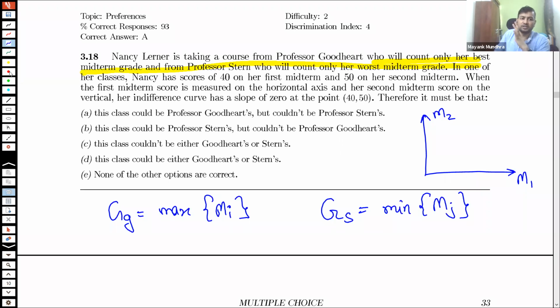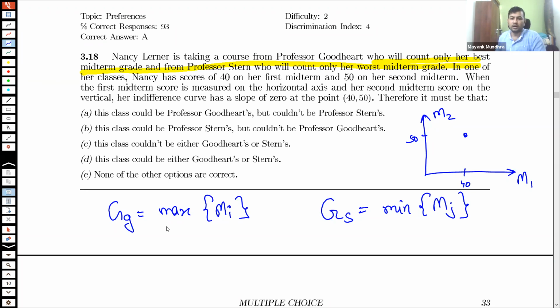Okay, so the question here has not revealed which course he is talking about. He's just saying that at 40 comma 50, this is the point 40 and this is the point 50, her indifference curve has a slope of 0 at the point 40 comma 50.